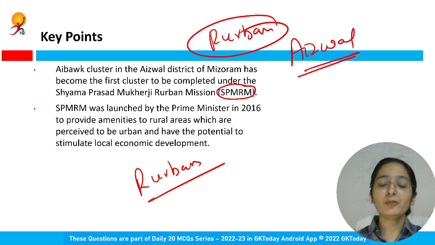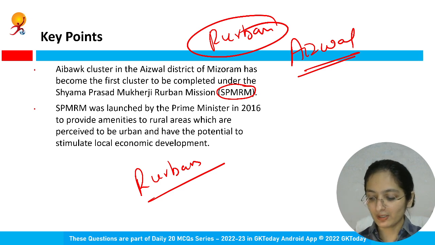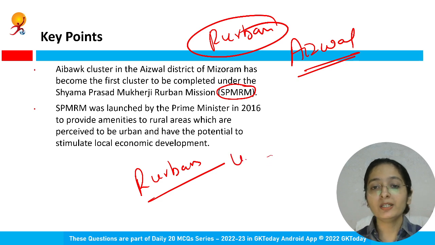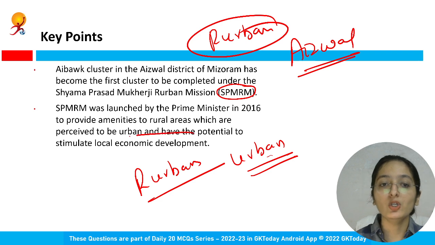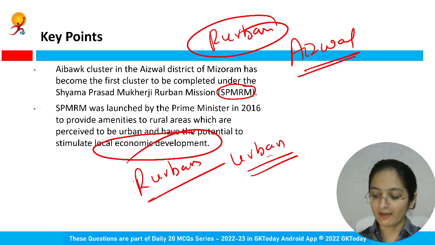The area will be rural area. You will preserve that essence of the rural area, but also ensure that you provide facilities essentially urban in nature to that particular area, so that you can stimulate local economic development there.